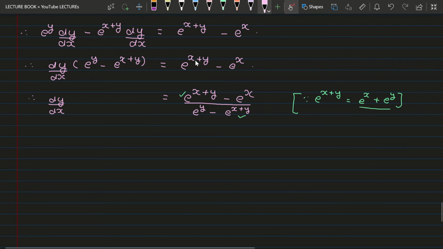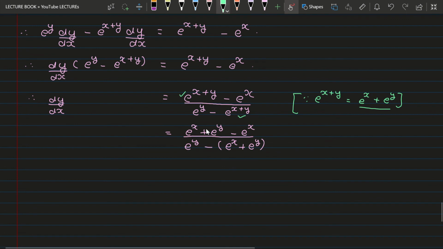So when we substitute, the numerator becomes e raised to x plus e raised to y minus e raised to x. In the denominator, leave this e raised to y as it is. Be careful, with a bracket I will write over here e raised to x plus e raised to y.